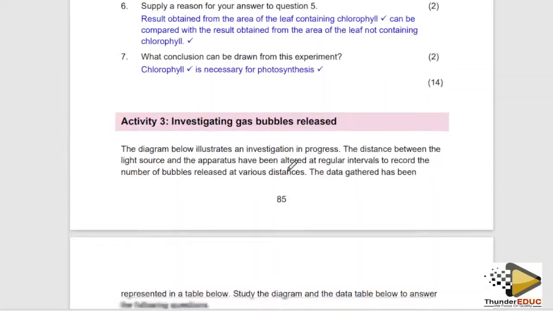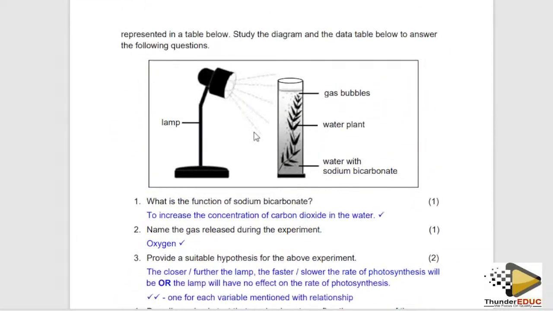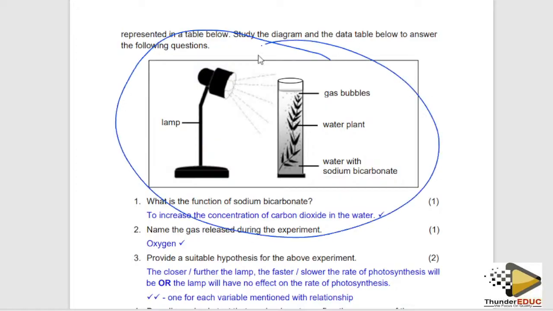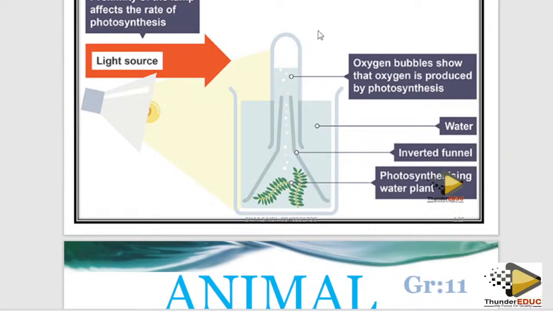We can set it in this version, or in this version, but it's the same thing. It shows how light is used to produce oxygen. And how do you calculate oxygen? You calculate oxygen by this and this. And don't forget, we also brought this in the toast. So please take note of that.